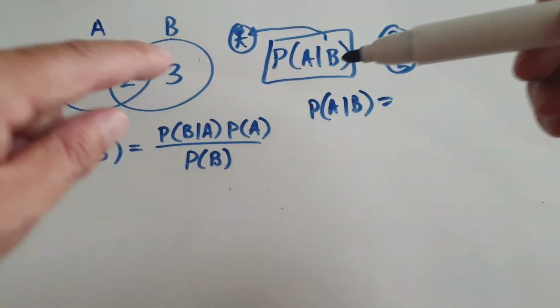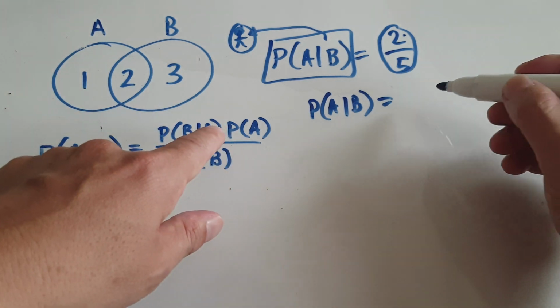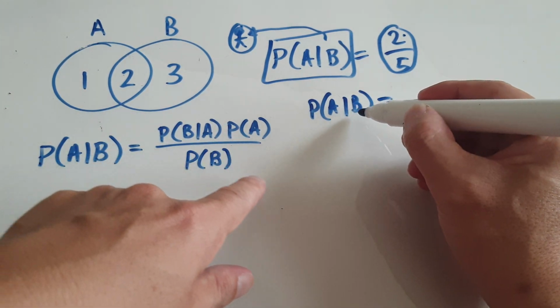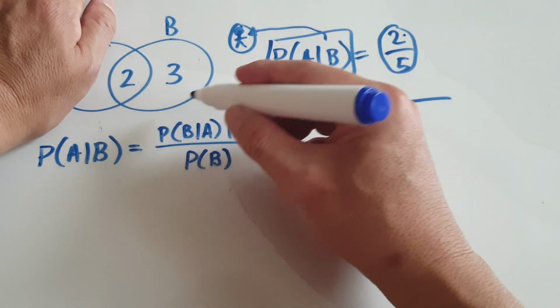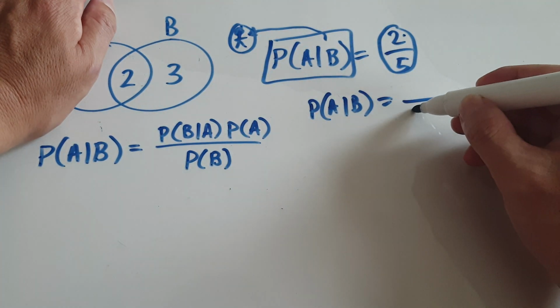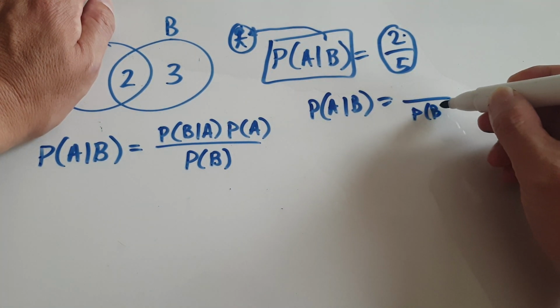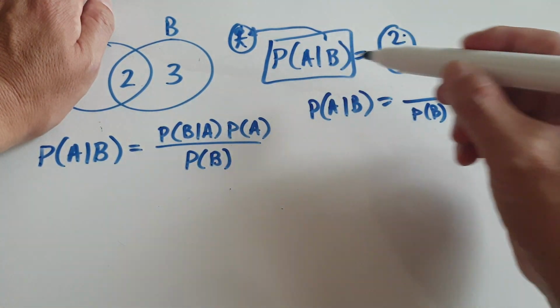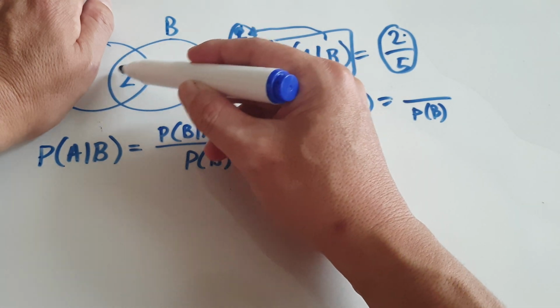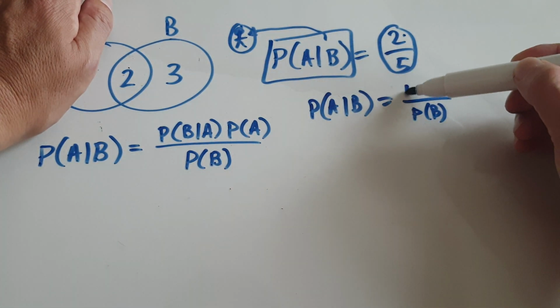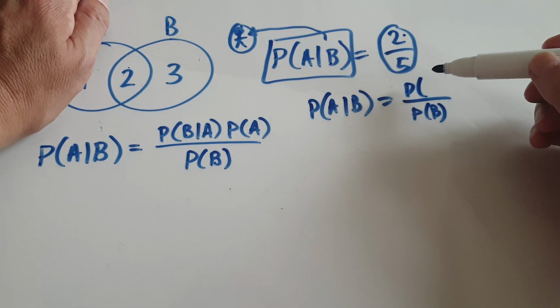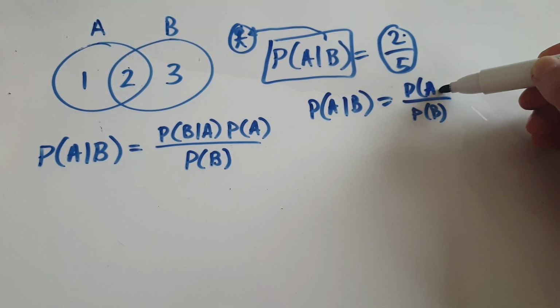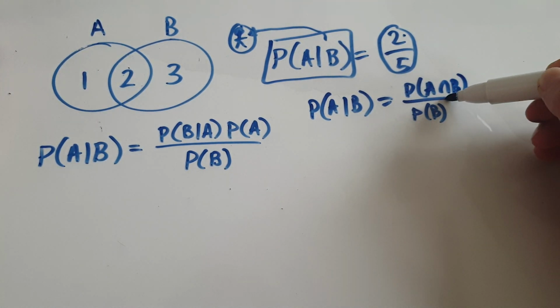Now let's look at it from a different perspective. Looking at this, what is the probability of A given B? It would be the probability of A and B divided by the probability of B. So this is another way of looking at it.